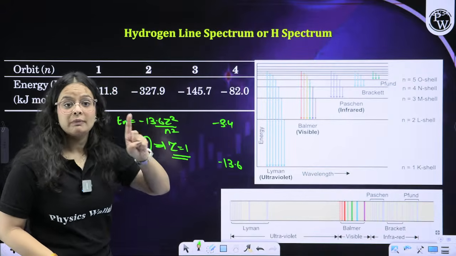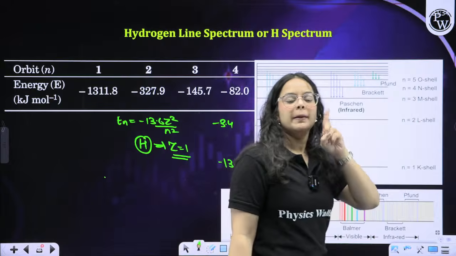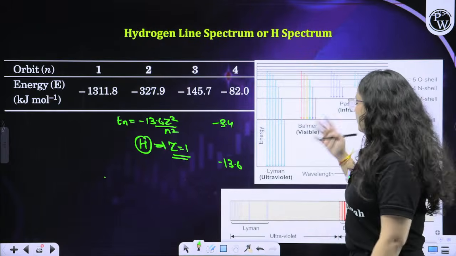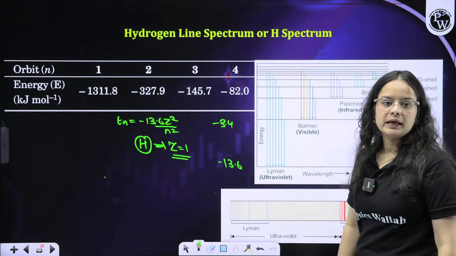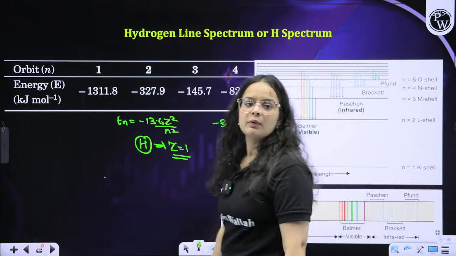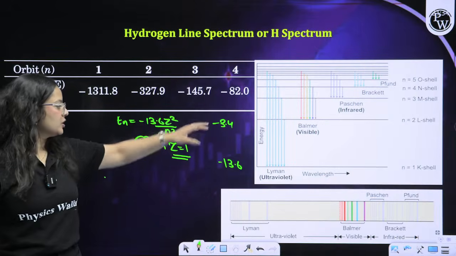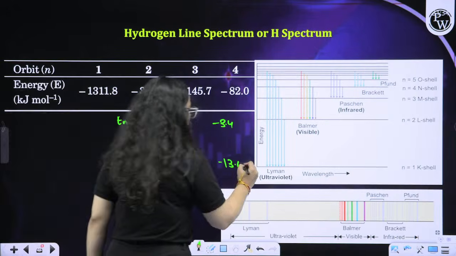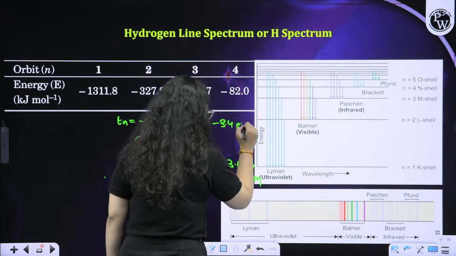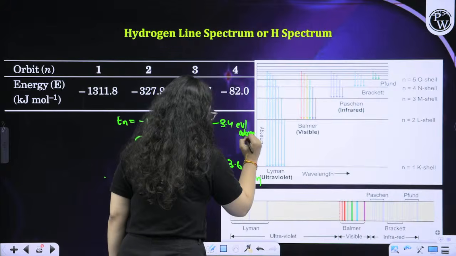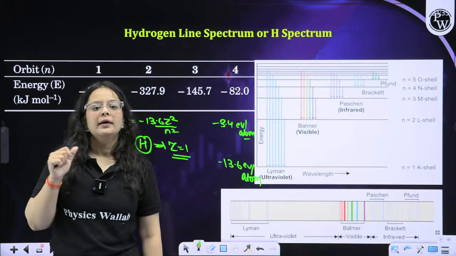Just solve it on your own, either in kilojoule per mole or in electron volt per atom, whichever formula you want to use. Right now I have given this in electron volt per atom.